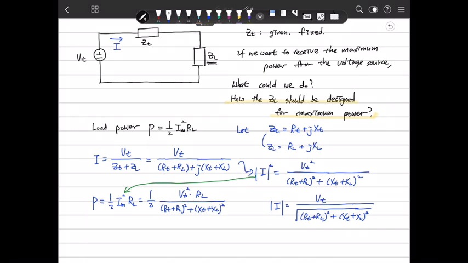That's your active power received from the source.